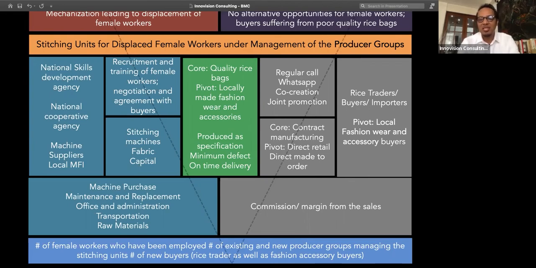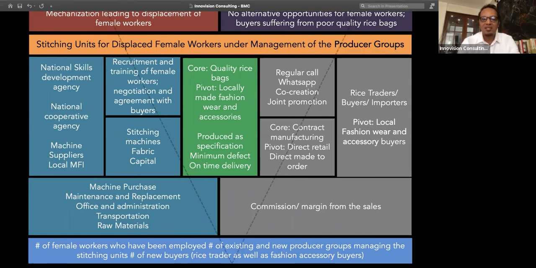So in this case, for instance, if the producer groups are not able to operate the stitching units from the margins that they're getting, and also from the revenues that they generate through other actions, they would not be able to sustain this. And also, at one point, the project might find out that to sustain the impact, these producer groups would need more support.